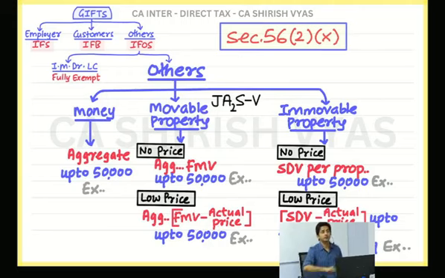Why? What is the logic? The main reason is what the government feels. If I am a jeweler, getting necklaces, diamonds, etc. at a lower price is normal because it is my business.